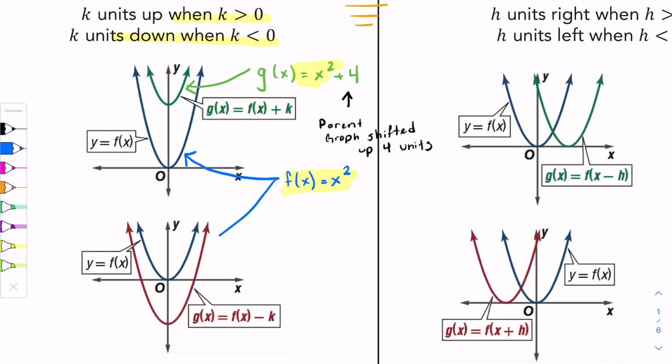We could do the same thing down here for the second example. Here we're going to shift down. So we could say g of x, as compared to the parent function, is x squared, let's say minus 3. We have our parent function of x squared, and minus 3 tells us we are shifting down 3 units.